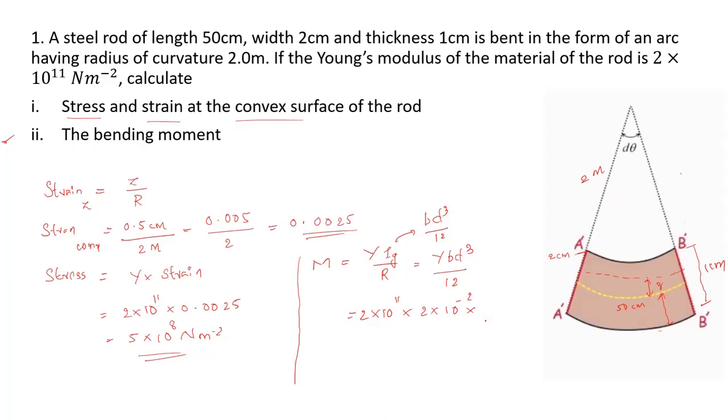Depth is given as 1 centimeter, so it is 1 into 10 to the power negative 2 the whole cube divided by 12. When we solve this equation, we get 166.67 Newton meter. And this is the bending moment experienced by this steel rod.